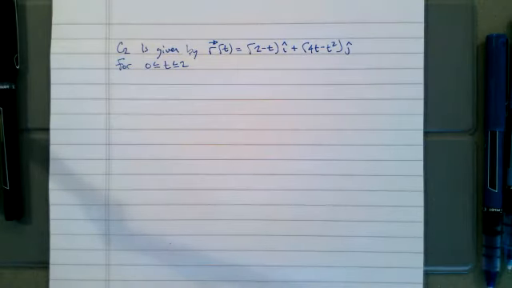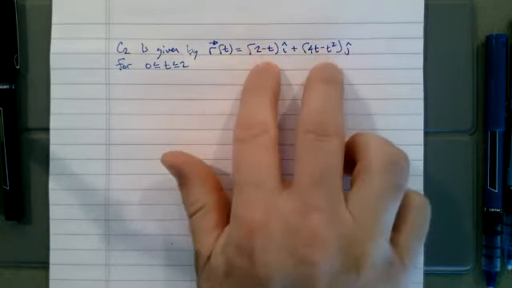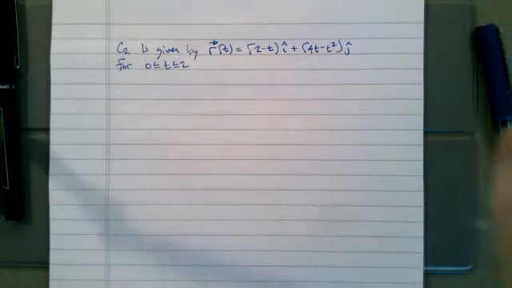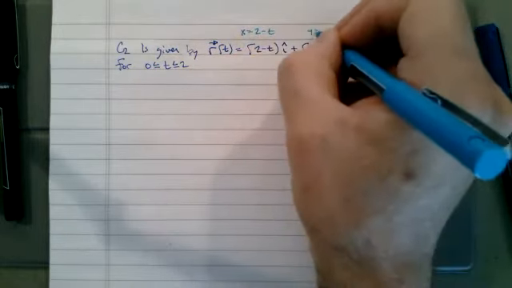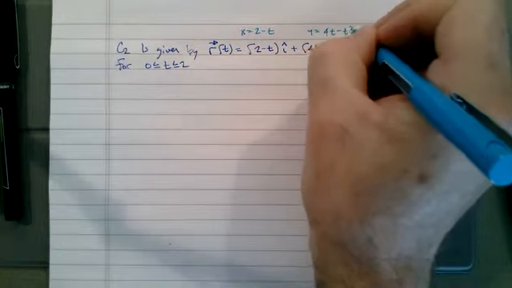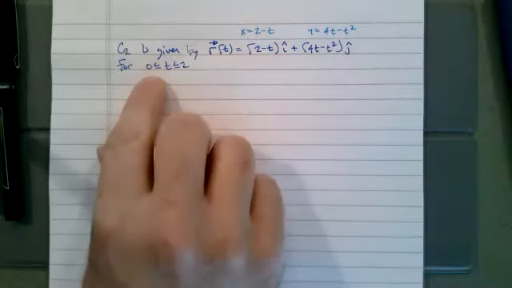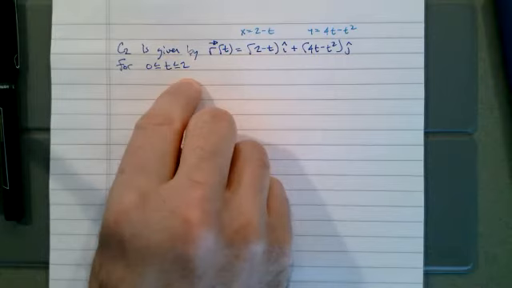We're going to need this in the line integral to plug these two values in for the x and the y. What we've said is that x is equal to 2 minus t, and y is equal to 4t minus t squared. That's if we start t at 0 and end t at 2.